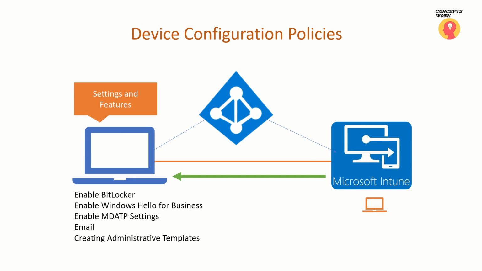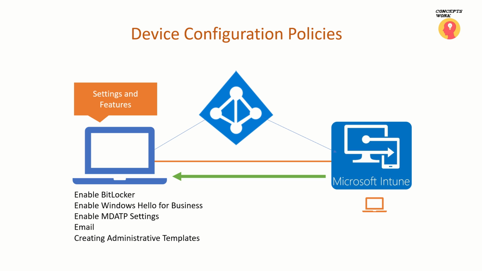And as I've said before, the purpose of device configuration policies is to implement settings or features or the same kind of configuration that you were doing with your on-prem environment. But when it comes to device configuration policy from Endpoint Manager, the scope has extended like anything. Just to give an example, you can have BitLocker deployed through device configuration policies.